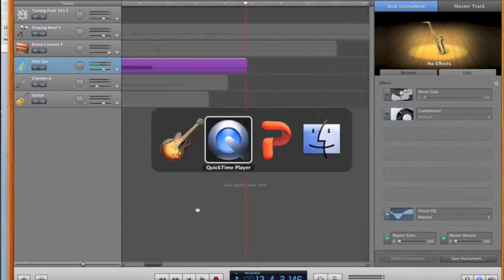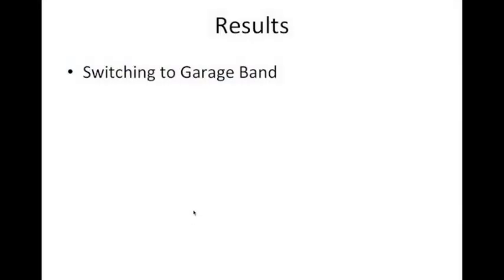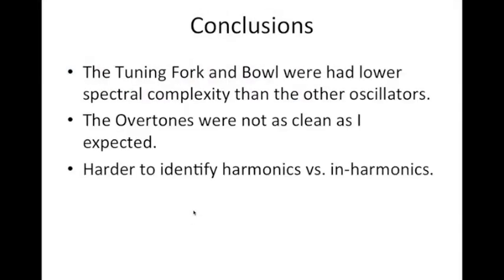And so in conclusion, the tuning fork and the bowl did have lower complexity from a spectral analysis point of view than the other oscillators, which is what I expected. Looking at the overtones in GarageBand like this was not as clean and neat as I expected.